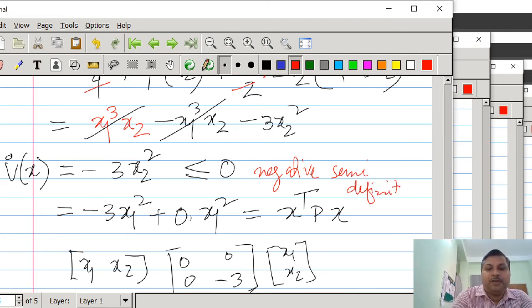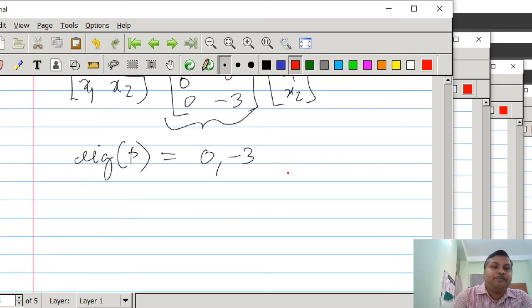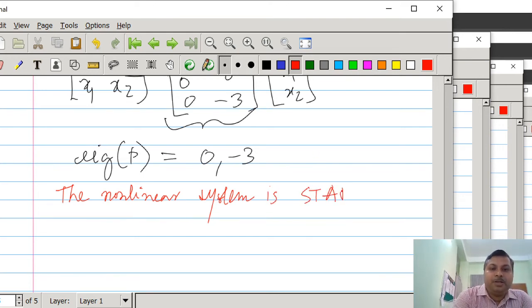If it is negative semi-definite, then the system is not asymptotically stable; we can say that the system is only stable. So the nonlinear system is stable with respect to the equilibrium point, that is 0 0.